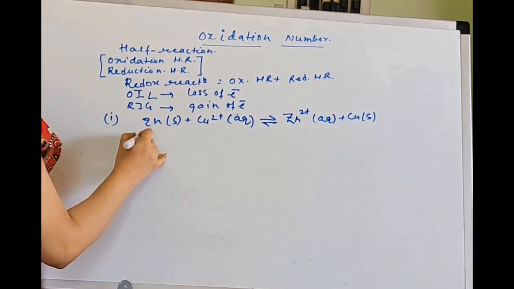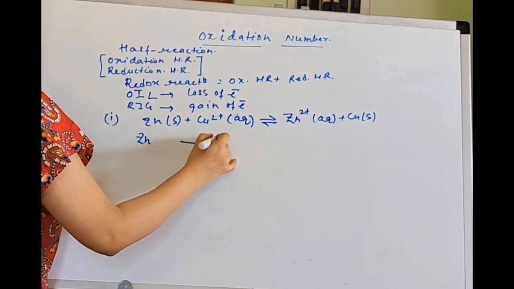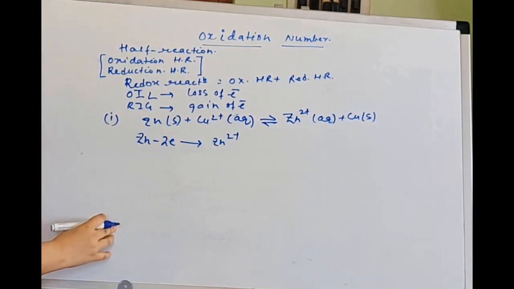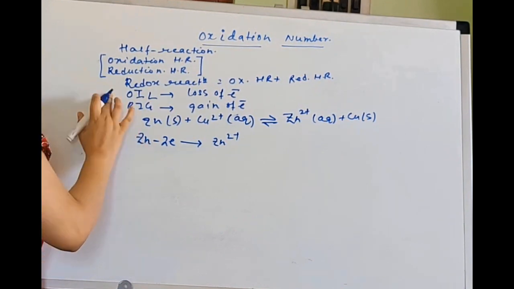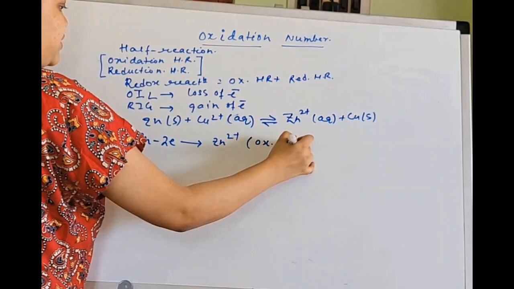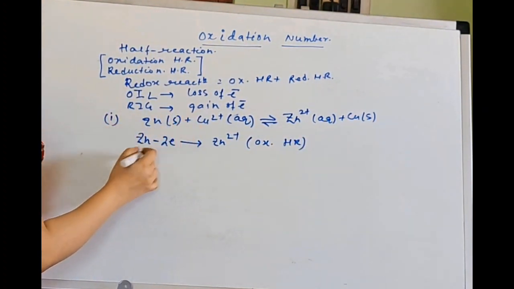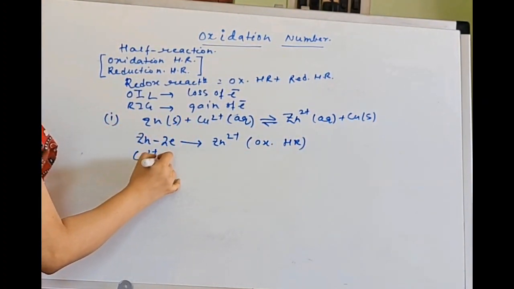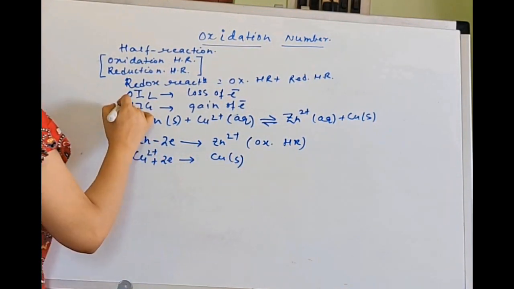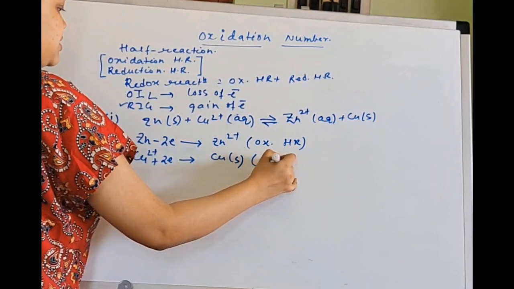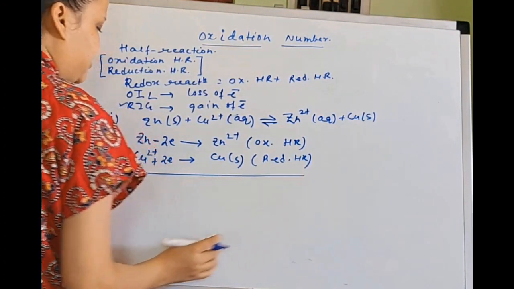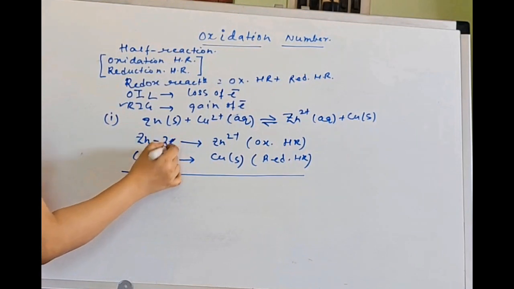Here we can see Zn is converted to Zn2+. That means it loses electrons, and loss of electrons is oxidation, so it is the oxidation half reaction. In case of Cu2+, it takes 2 electrons and is converted to Cu solid. Reduction is gain of electron, so here it is the reduction half reaction. Now we can get the net reaction by cancelling these two.